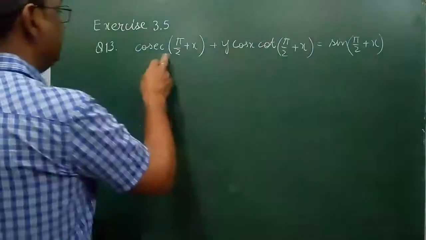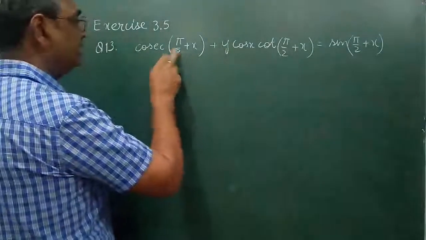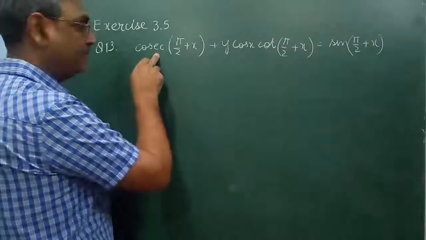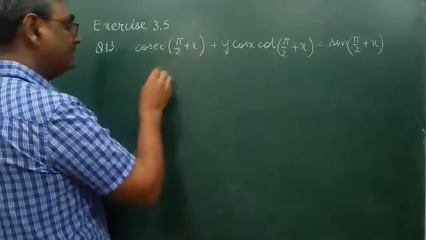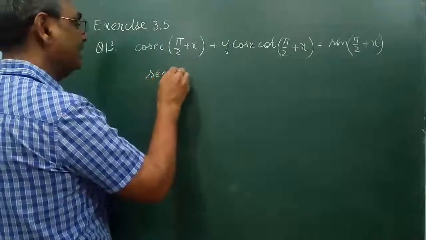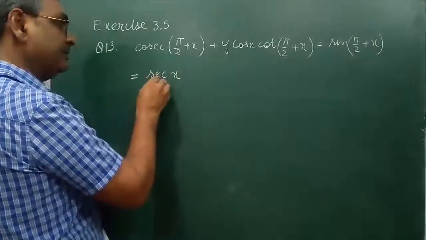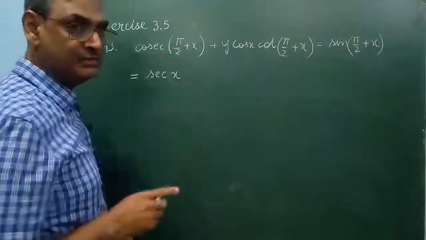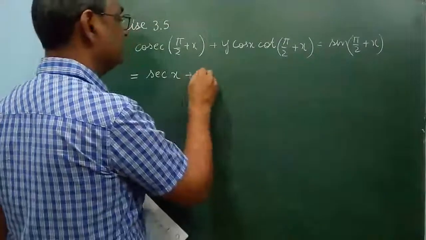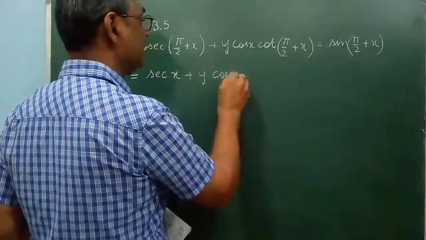So we can see here, this is second quadrant. In the second quadrant, sin and cosec are positive, but this is 90 plus theta, so it will become sec x. It will be positive because cosec is positive in second quadrant, plus y cos x.